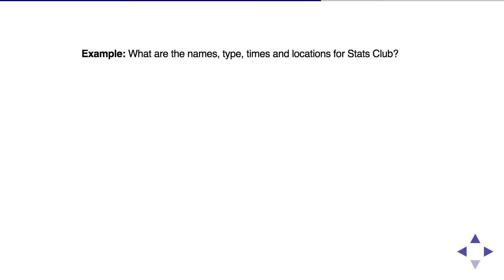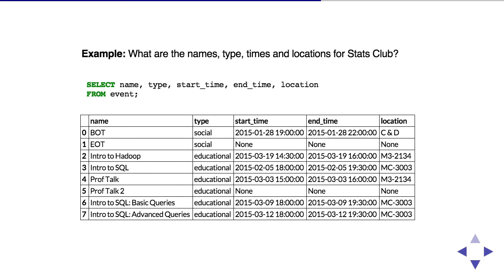For instance, what are the names, types, and times and locations for Stats Club events? Should actually specify events in there. So if we do this statement here, we give out the various events and their type, start time, end time, and their location.